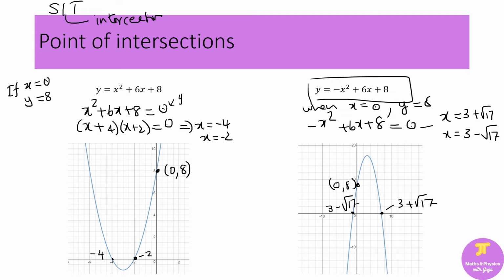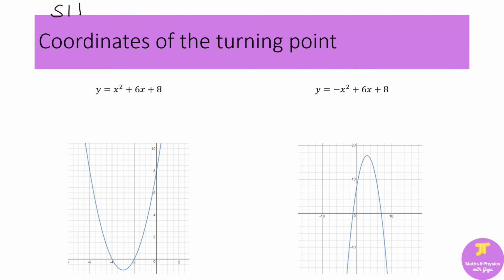The final one in SIT is the turning point, T. In order to find the turning point, we need to do completing the square.